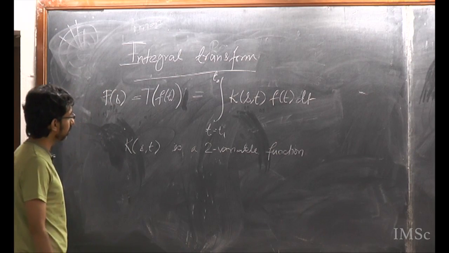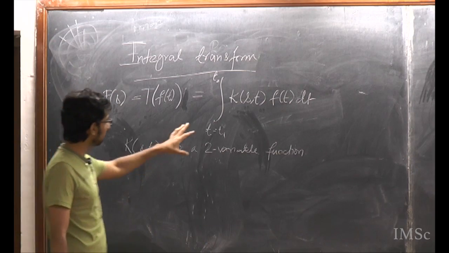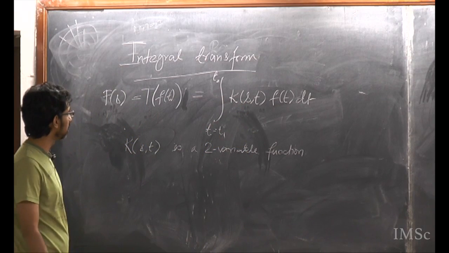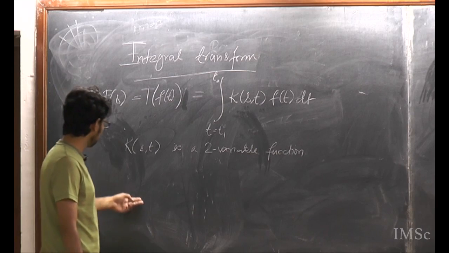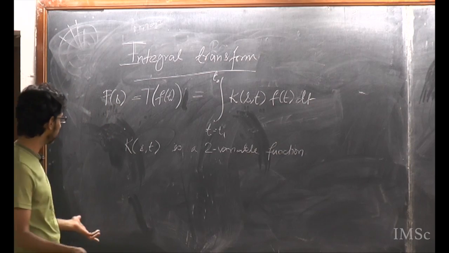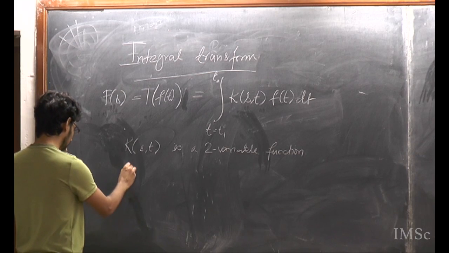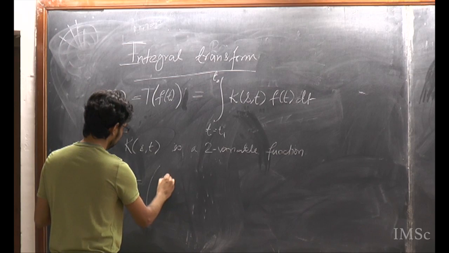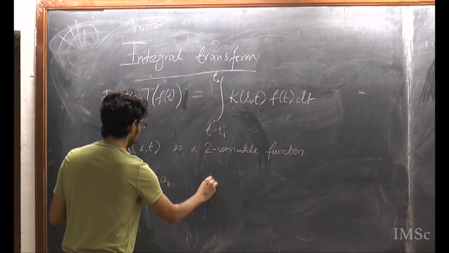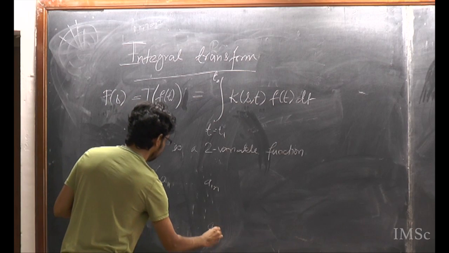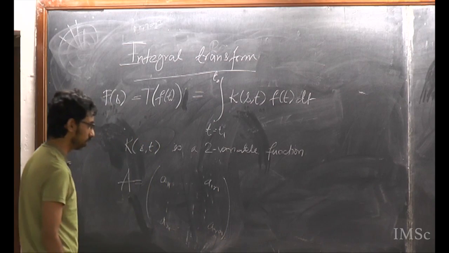And there are different types. This formula might look a bit strange at first. But if you think about matrix multiplication, everybody knows matrix multiplication. Let's say A is some big matrix, A11 up to A1n, down to Ann. So this is an n cross n matrix.